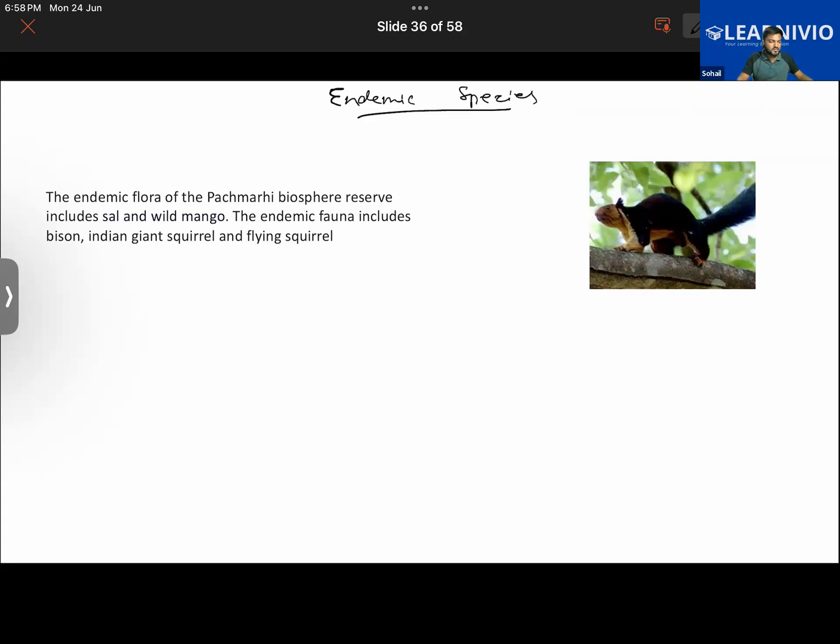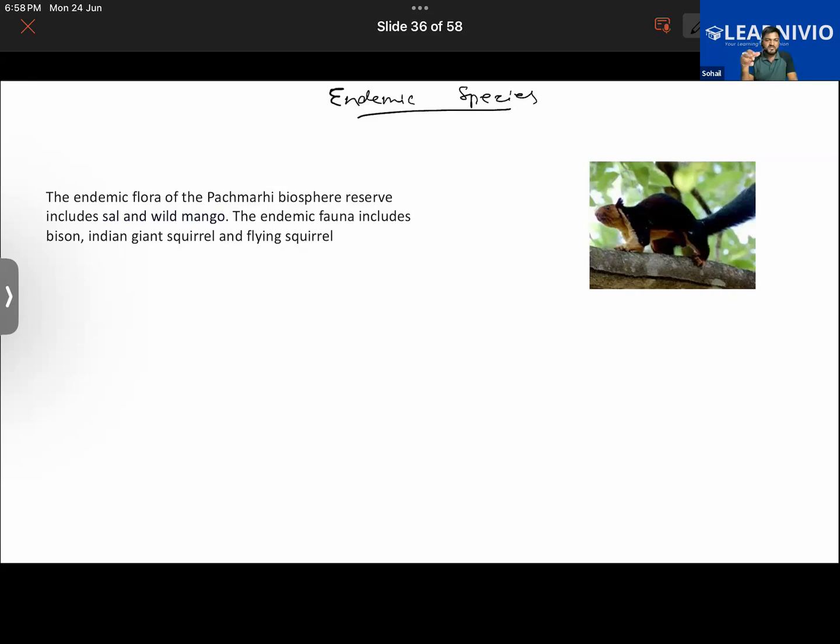See, in the Panchmari Biosphere Reserve, there are some animals that would be found in this area. So talking about endemic species. Endemic species are those species of plants and animals that are found exclusively in a particular area.